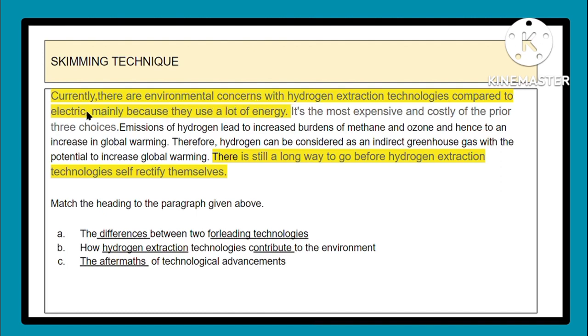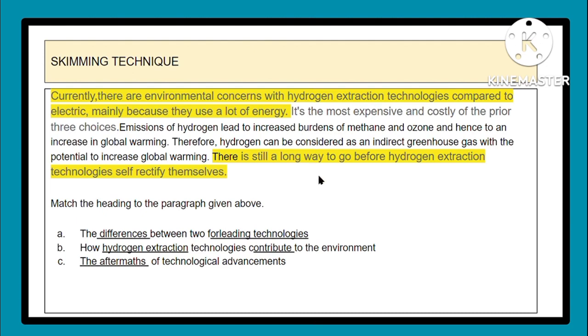So this couldn't be it. There is still a long way to go before the hydrogen extraction technology self-rectifies. So I know this isn't about the technology, because the specific names of the technological companies have not been given, except for the product. So there is very little probability that this could be the heading of the paragraph given above.